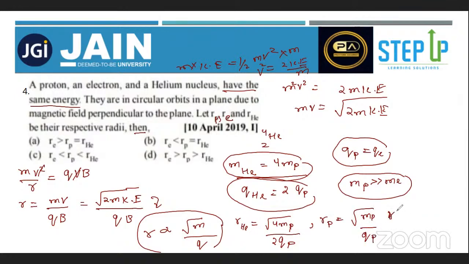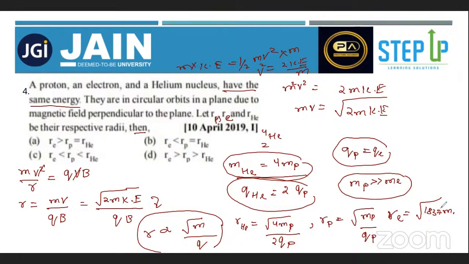For the radius of the electron, I write in terms of the proton, substituting the mass of electron in terms of proton: it will be 1837 times the mass of proton.